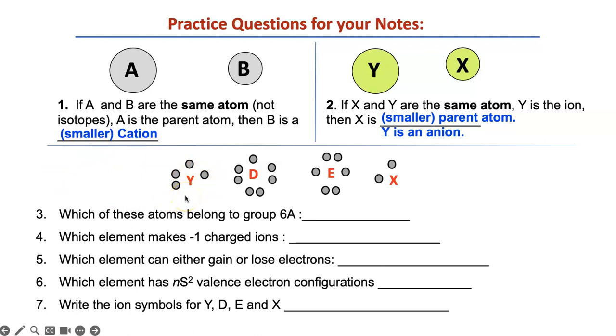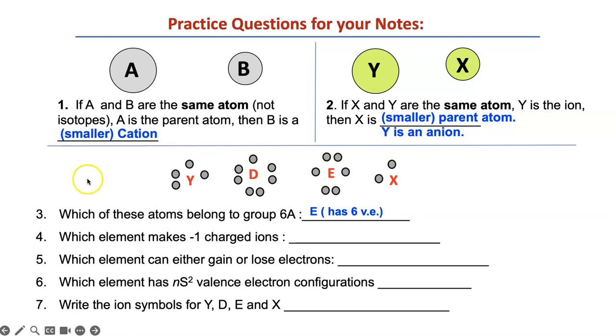You can only figure out things about how reactive they are and which A group they are and which ions they make. So question 3 is asking which of these atoms belong to group 6A. Remember, your group A number is the same as your valence electrons, so you will count and see who has 6 valence electrons. The answer is E.